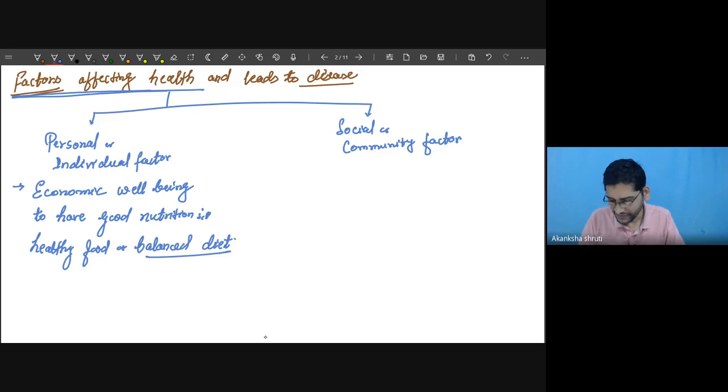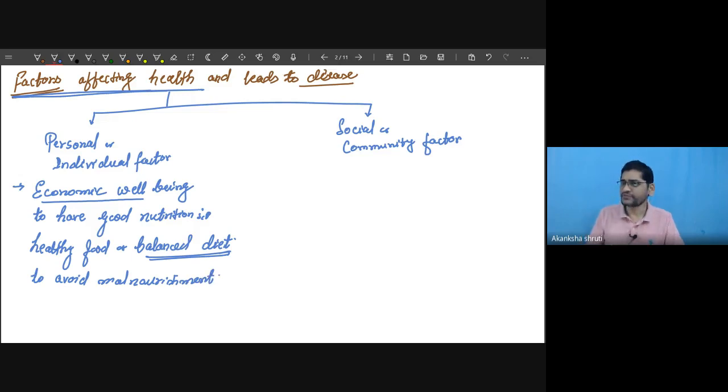For having good health, we need a sufficient amount of money to have a balanced diet. So economic well-being is to have good nutrition, healthy food or balanced diet, to avoid malnourishment.